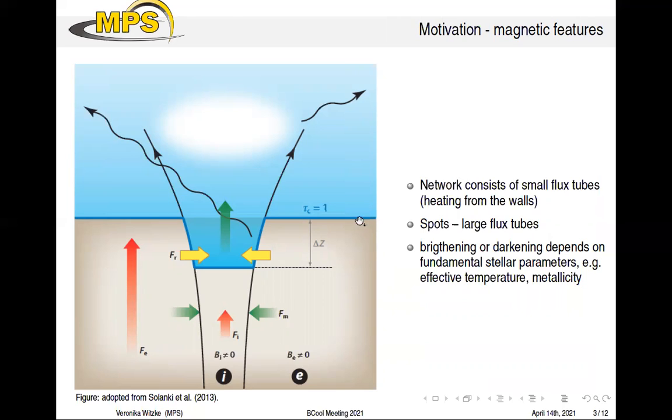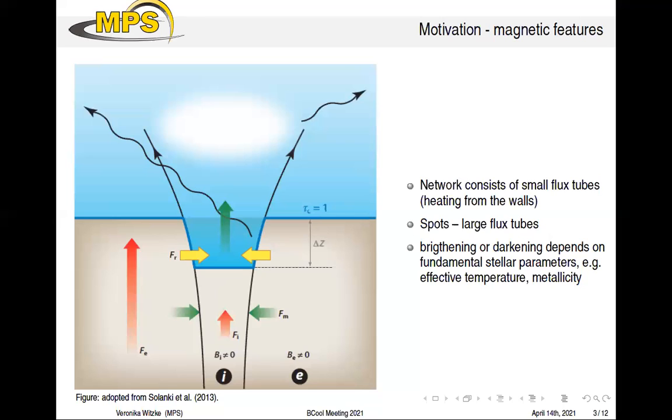In this nice scheme, you see that if we have a magnetic flux tube, then we have a lower density in this region, and depending on the strength and the size of the flux tube, we either get faculae if it's small enough, because then the surroundings can heat this area and it becomes hotter and brighter, or if we have large flux tubes, we form spots that are dark.